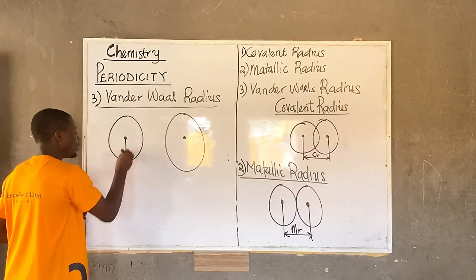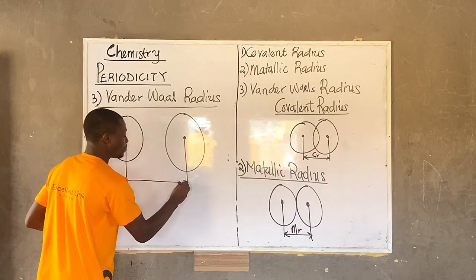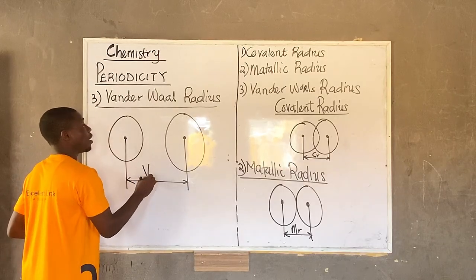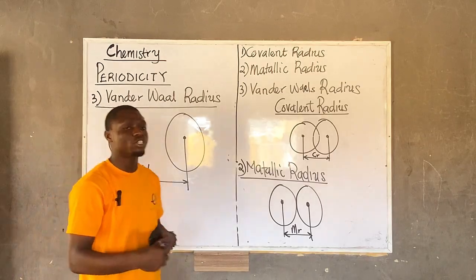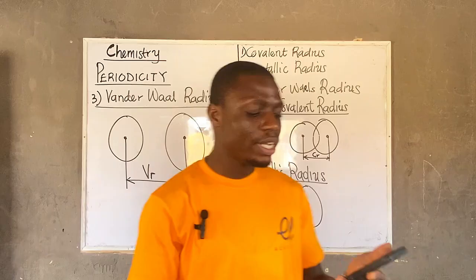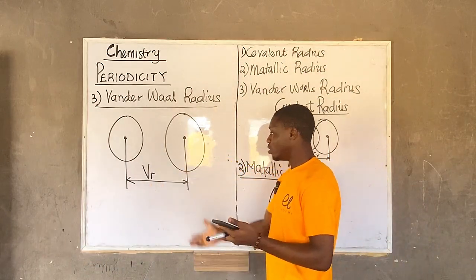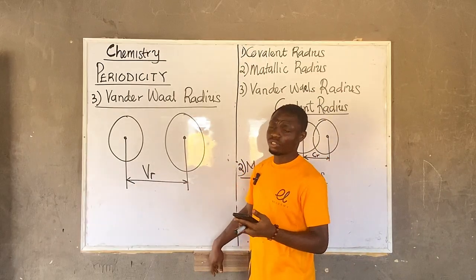So the distance from here to here is called Van der Waals radius. The distance between two unbonded atoms is called Van der Waals radius.